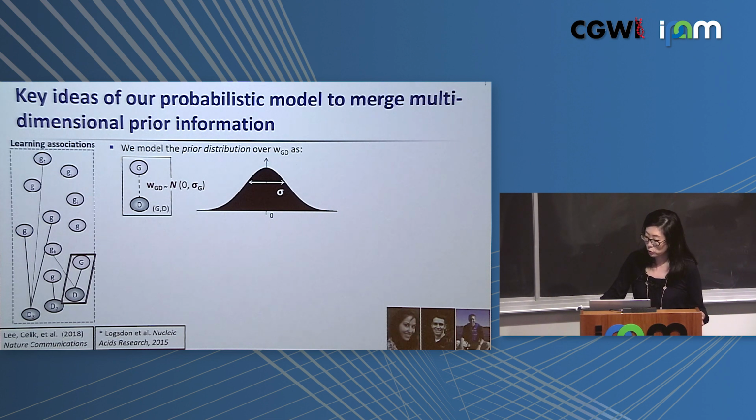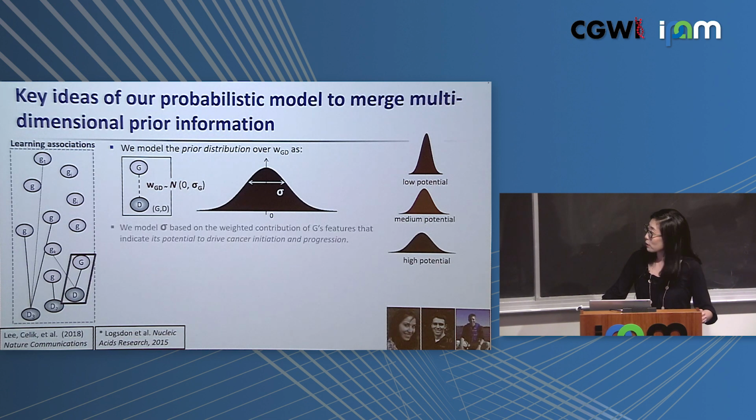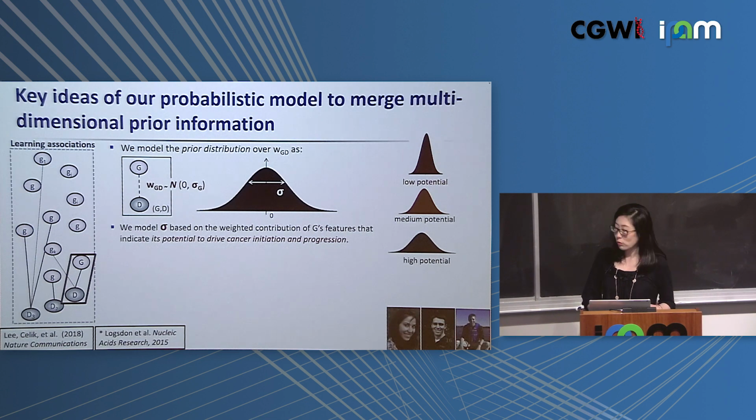It's a prior distribution. If we believe that some gene does not have much potential to be a biomarker for drug sensitivity, then this gene is going to have a small sigma, whereas genes that we believe have high potential to be biomarkers for drug sensitivity phenotype will have a high sigma. You really don't want to set this sigma value by hand for each of the 20,000 genes.